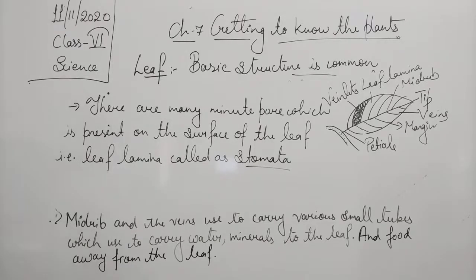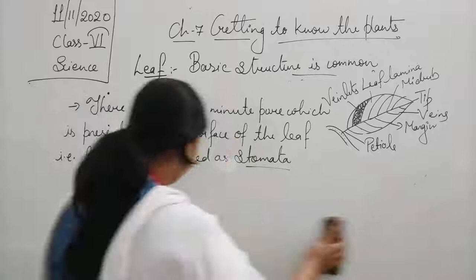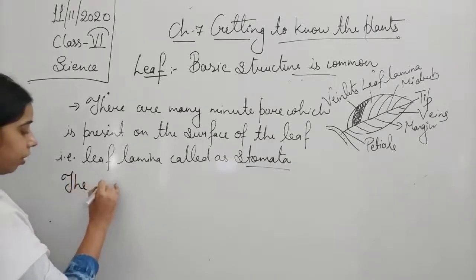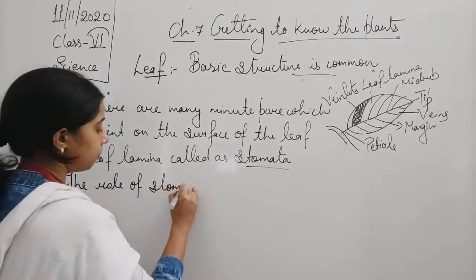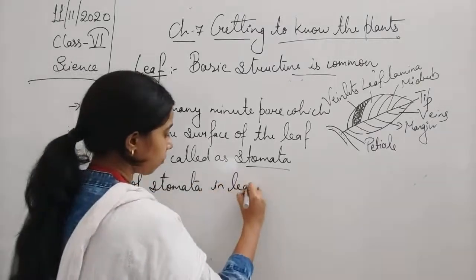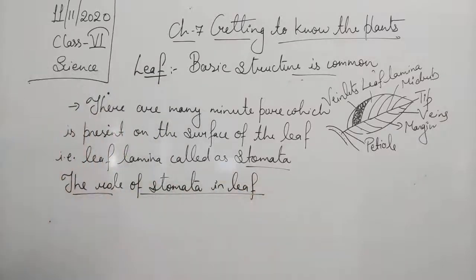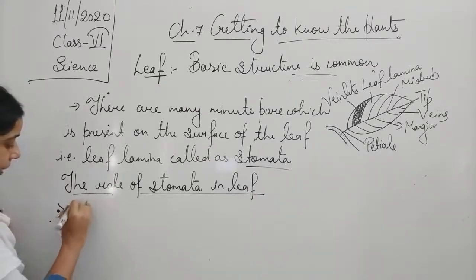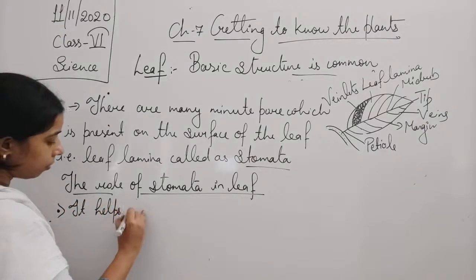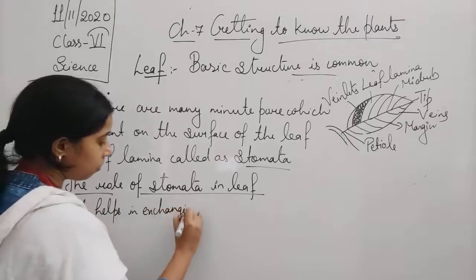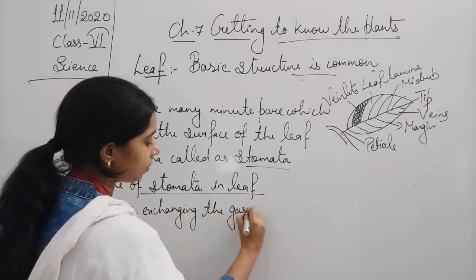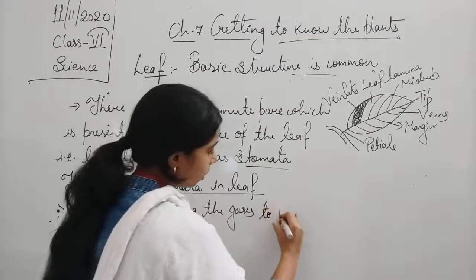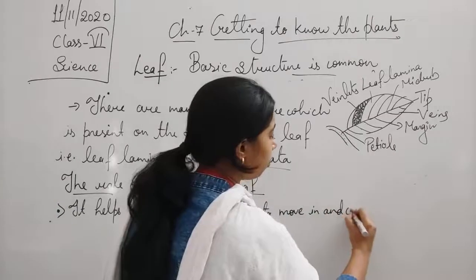So if we talk about the function of the stomata, students, the role of stomata in leaf, the first one is that it helps in exchanging the gases to move in and out of the plant.